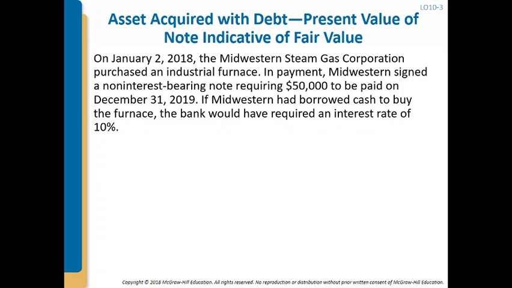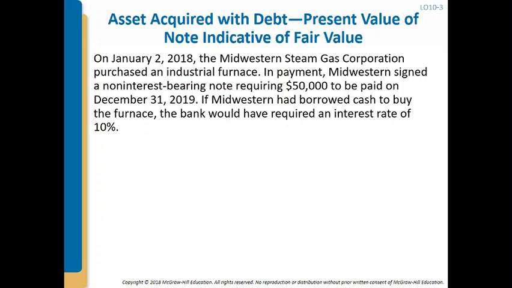Well, what happens when you acquire something and you obtain a note, but the note doesn't have a specified interest rate? Well, you have to imply an interest rate from the note, essentially. So we have an example of that here. Midwestern Steam Gas Corp purchased an industrial furnace.